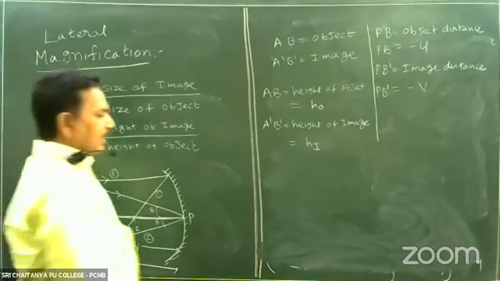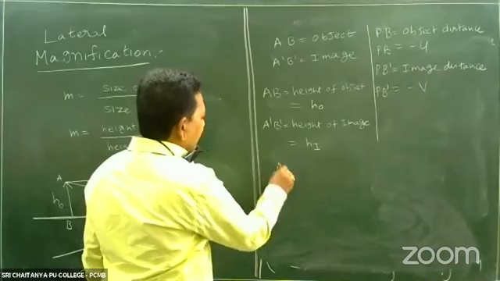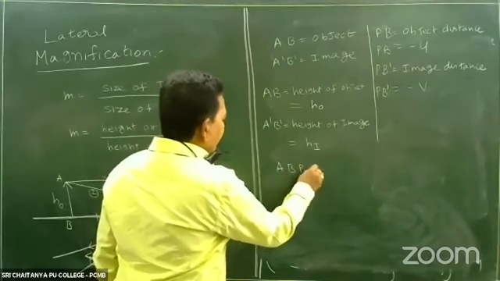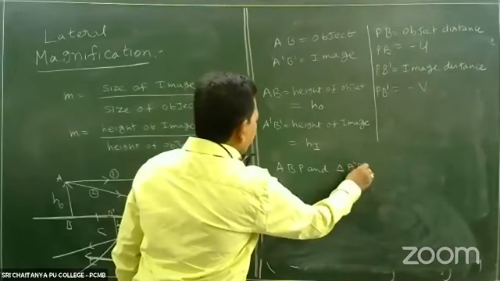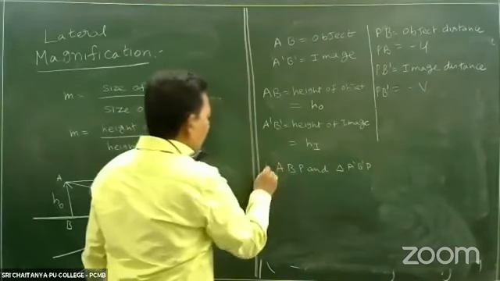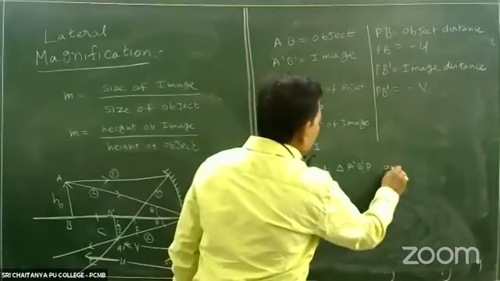Now consider the similar triangles. Triangle ABP and triangle A dash B dash P are similar triangles.